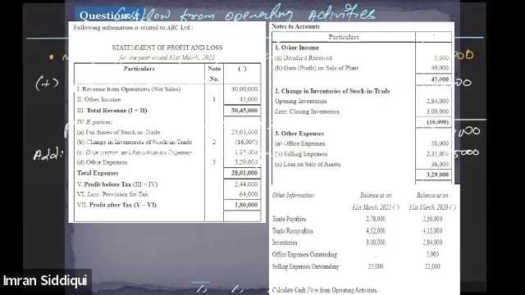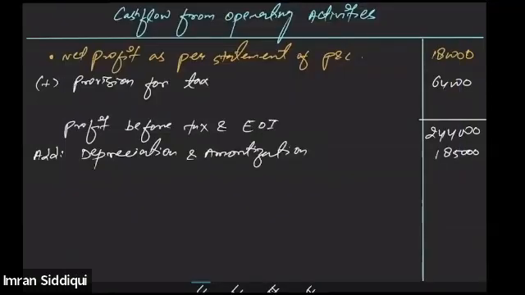Purchase of stock in trade, change in investment, depreciation, other expenses. These are not extraordinary items. Moving to the notes to account, we have dividend received, and gain on sale of plant. Now this is an extraordinary item, right? What do we need to do with the gain on sale of plant?